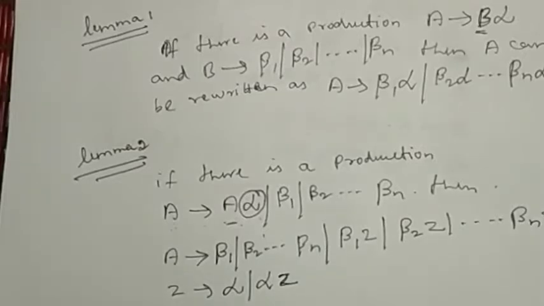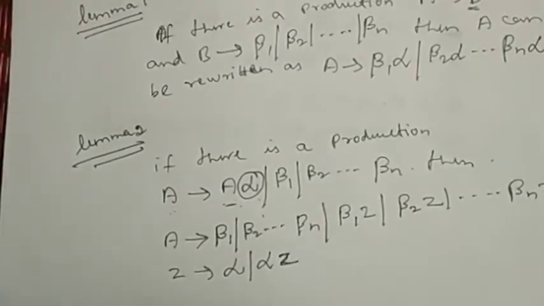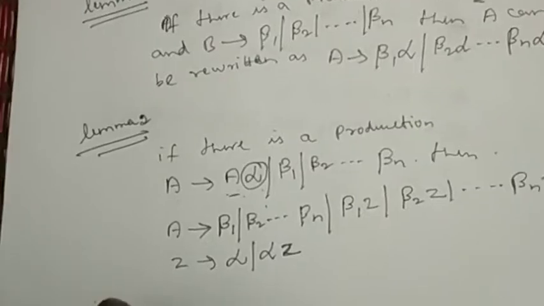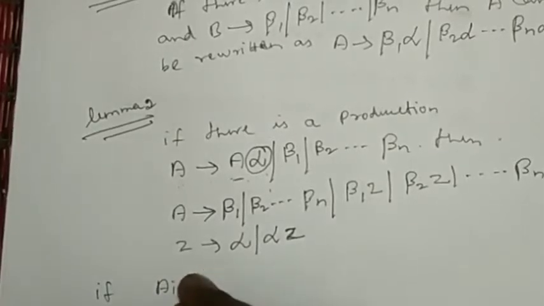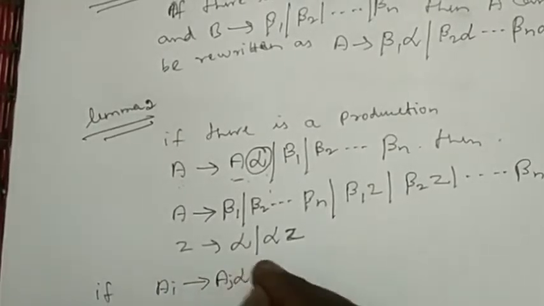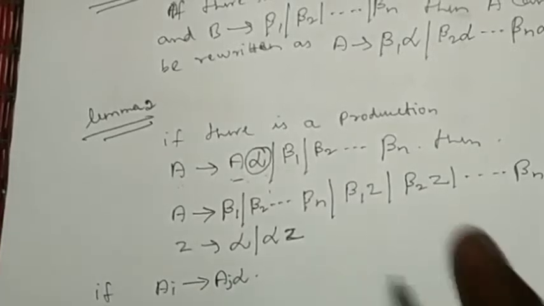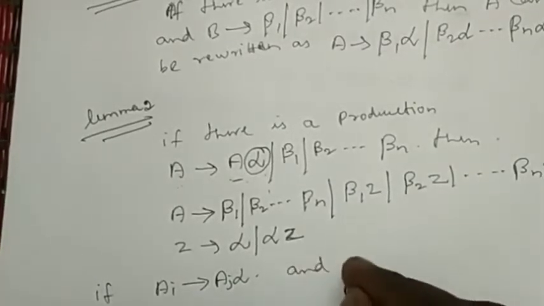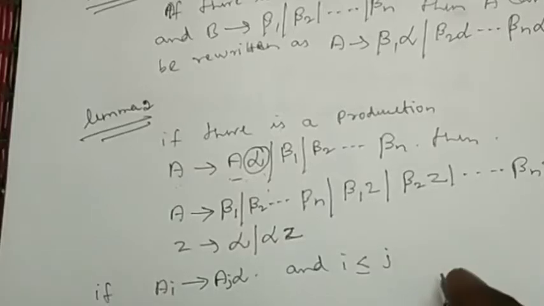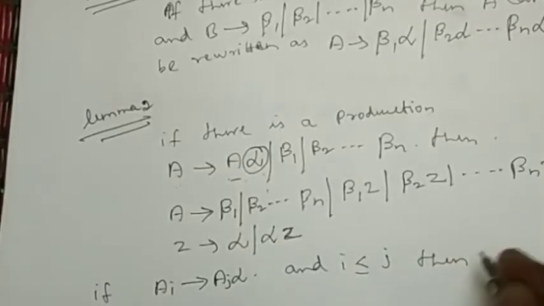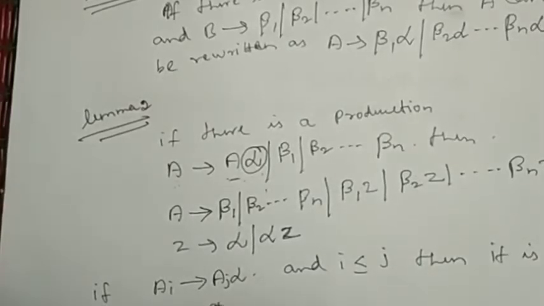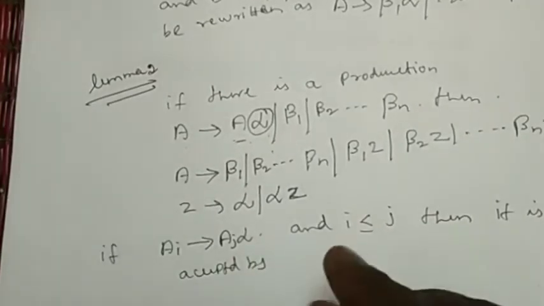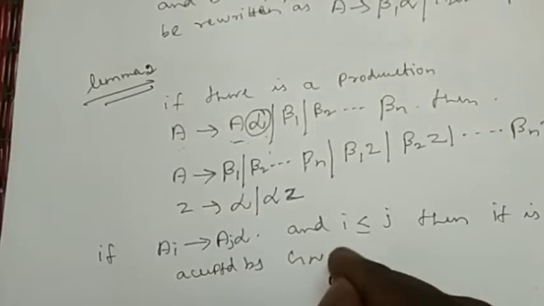And to check the condition while naming: if A i tends to A j alpha, and if i is less than j, then it is accepted by Greibach normal form.